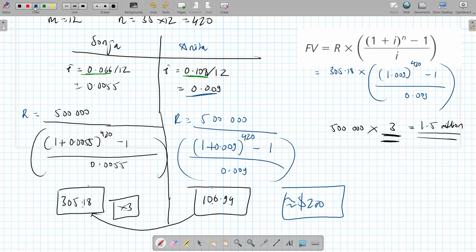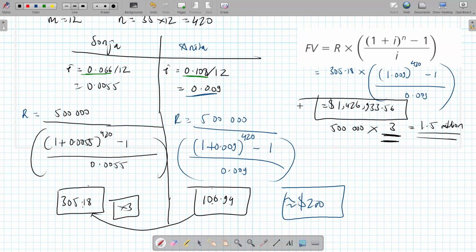The R is different now: instead of 106, it's 305. Let's plug that in and see how far off the napkin math was. To the power of 420, minus 1, divided by 0.009, times 305.18. The answer that I got was 1,426,933.56. So it's pretty close to $1.4 million.